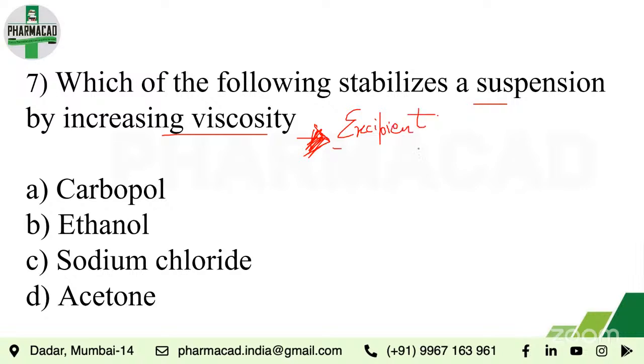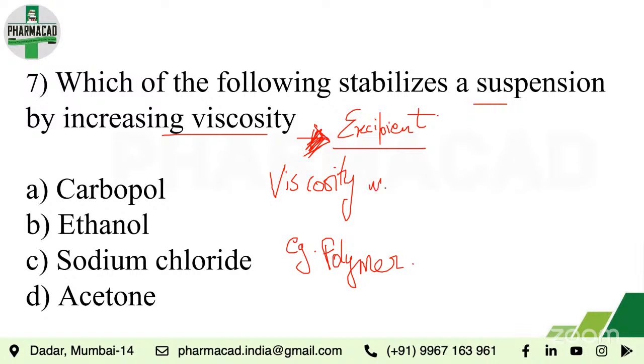Polymer. No, polymer is the example of that excipient. Yes, polymer will help you increase the viscosity of suspension. But what is that category of excipient called? Viscosity modifier. Correct. Viscosity modifiers or viscosity enhancers. And they can also be your suspending agents.